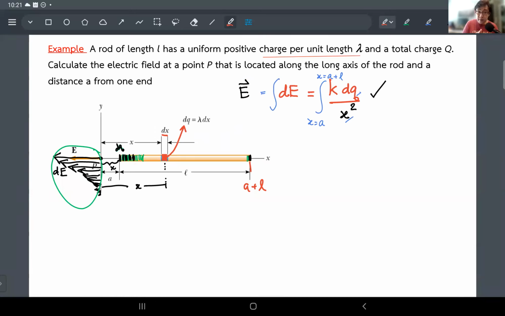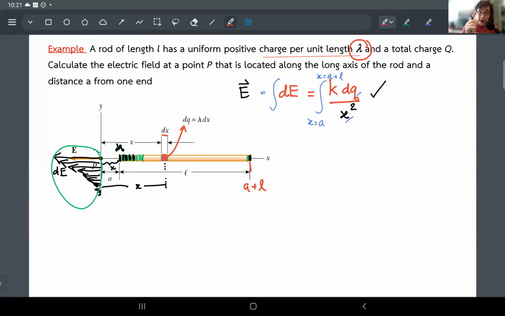Well, no problem. Remember this? Charge per length. The meaning of charge per length is that once you know the length, you multiply by this charge per length, and you get back the charge. If you have 1 meter, that means it's going to be 1 times lambda.